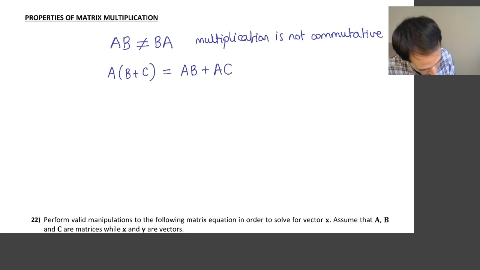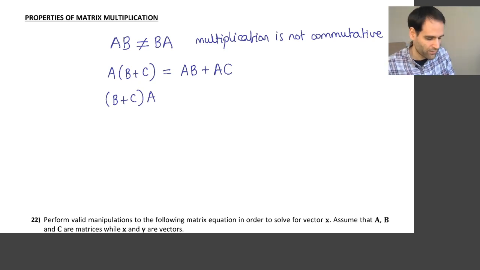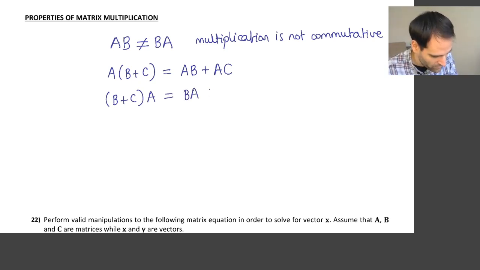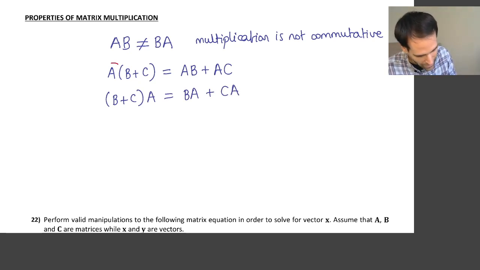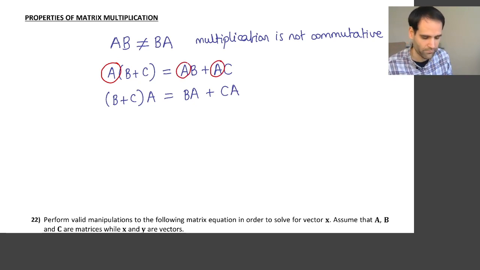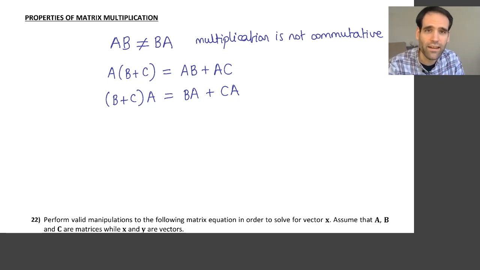So for example, if you did matrix B plus matrix C times matrix A, that would be equal to matrix B times matrix A plus matrix C times matrix A. So be careful, because multiplying on the left means that you have to multiply on the left everywhere, while multiplying on the right means that you have to multiply on the right everywhere. Okay? But apart from this, it is identical to multiplication of scalars.